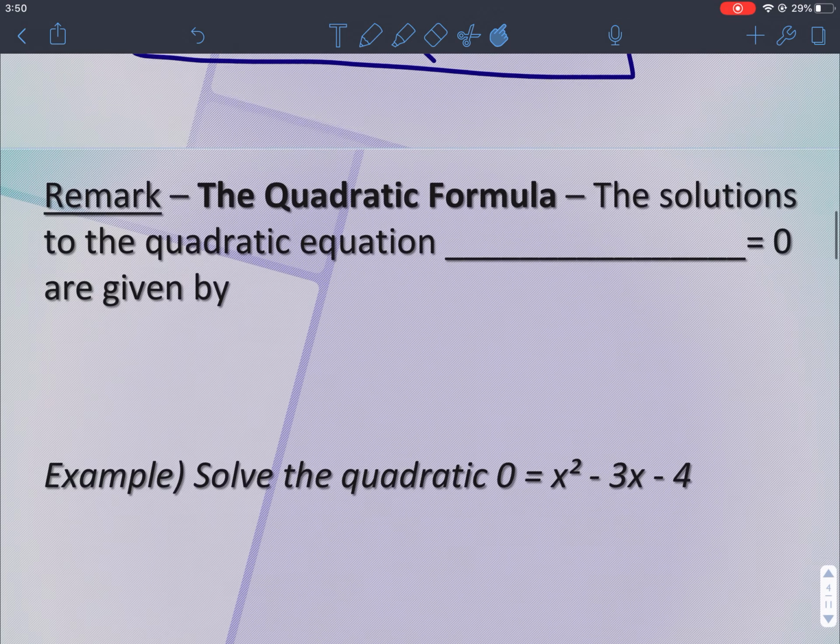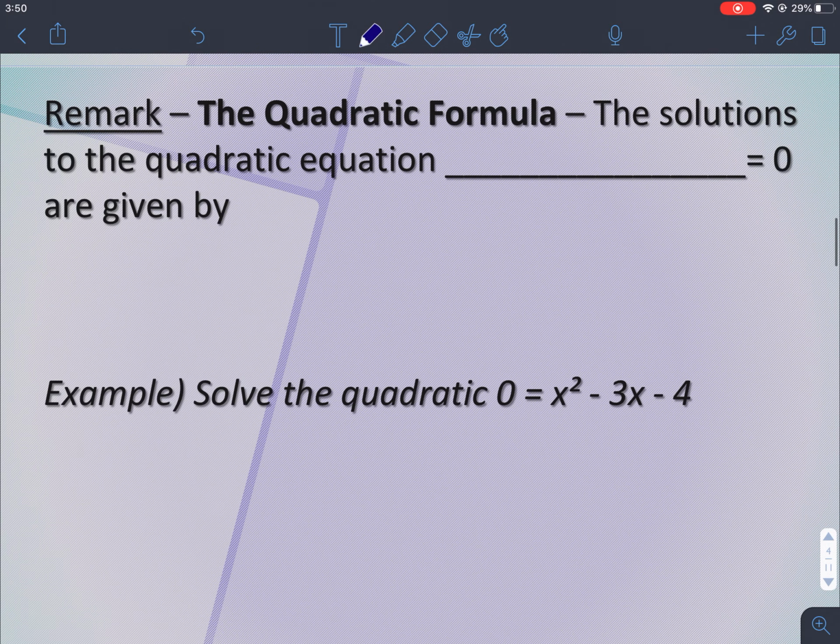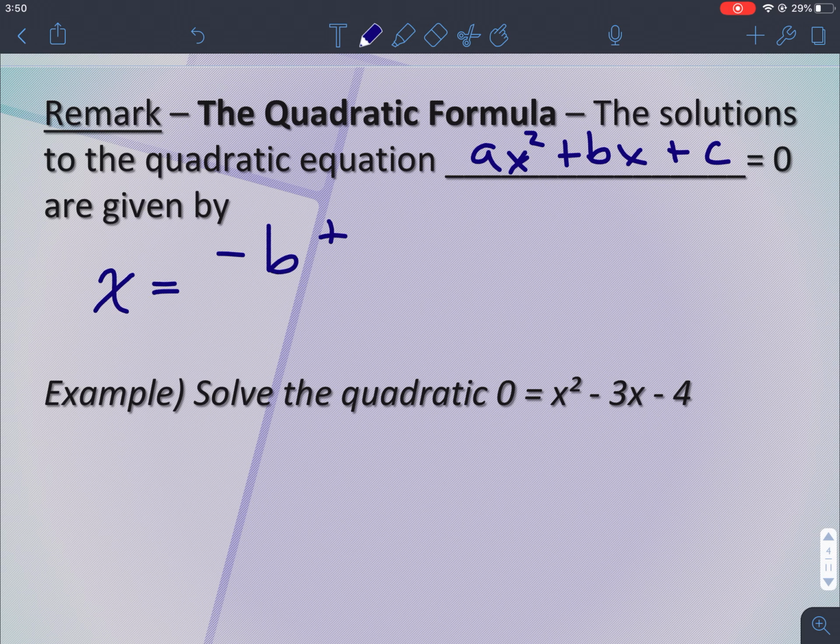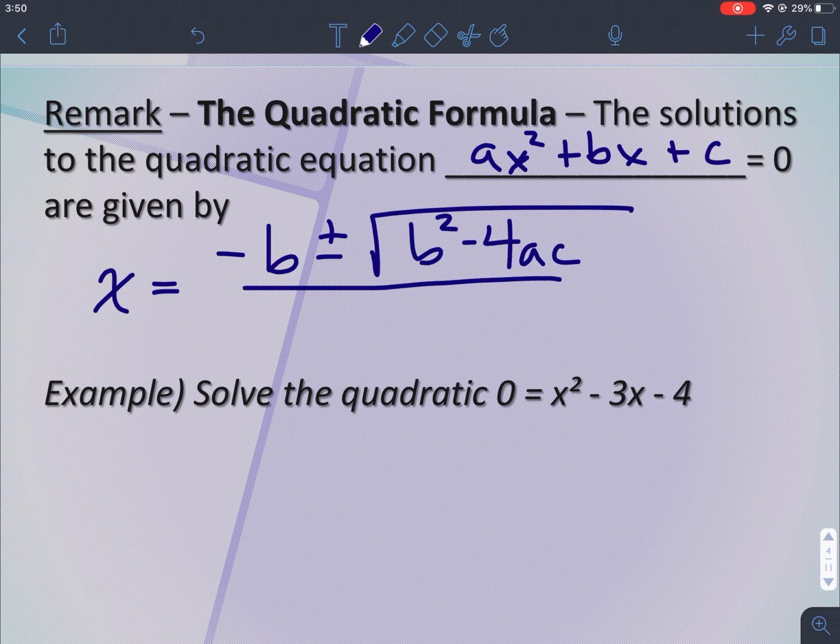Once we have a vertex, the next step is going to be to find the x-intercepts. And the solution or solutions to the quadratic equation ax squared plus bx plus c equals 0 are given by x equals negative b plus or minus the square root of b squared minus 4ac, all divided by 2a.